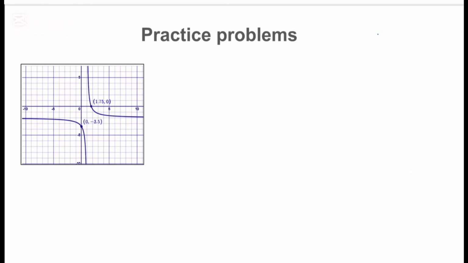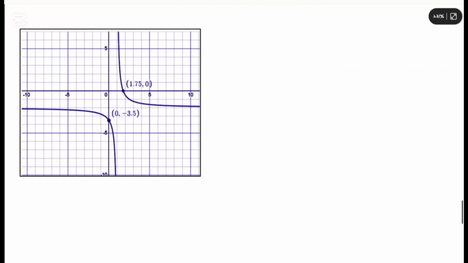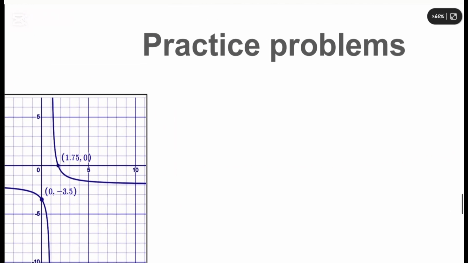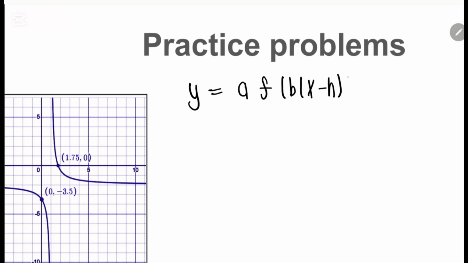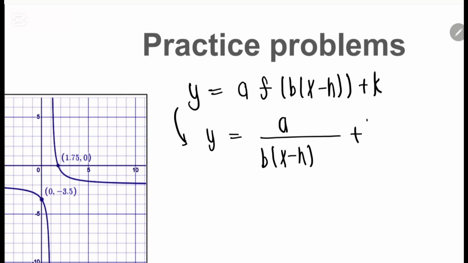Okay, now let's talk about reciprocal functions. Reciprocal functions have a different format of general function notation. Normally, it's going to go like this, right? a times (x minus h) plus k. But in a reciprocal function, it's going to be like this: a on the top, over b times (x minus h), plus k.